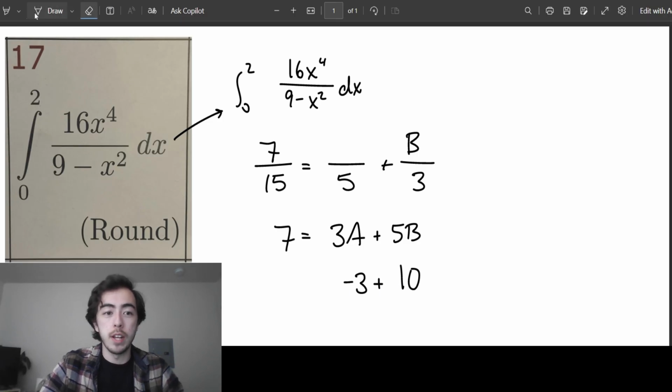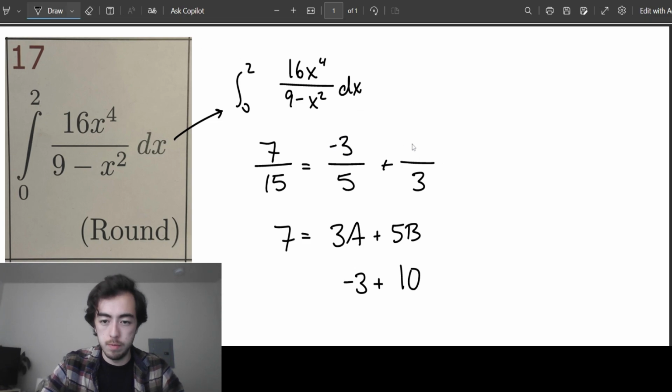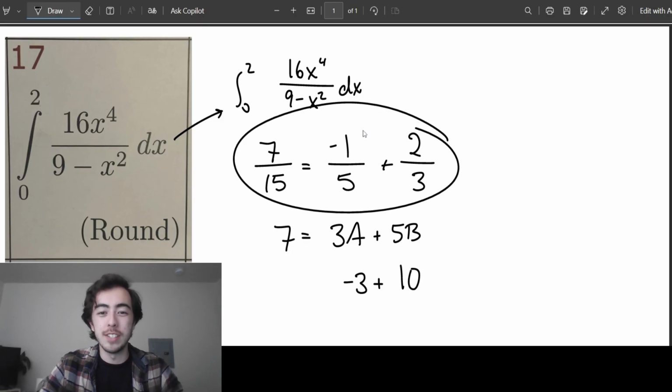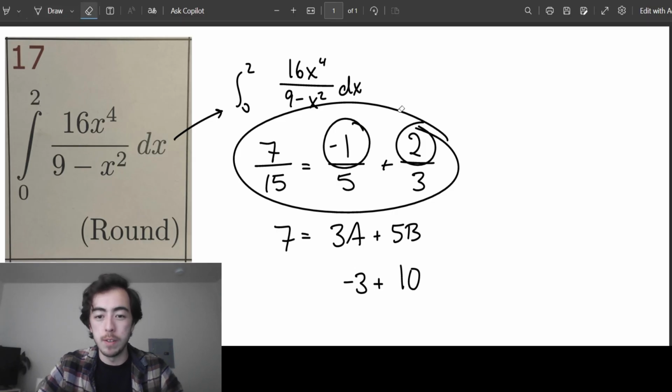So I would need a negative numerator here and a positive numerator. Let's see, b was supposed to be 2, right? And a is supposed to be -1. There we go. So this hopefully would give me a true equation. It just takes a little bit of work to figure out what these numerators are.